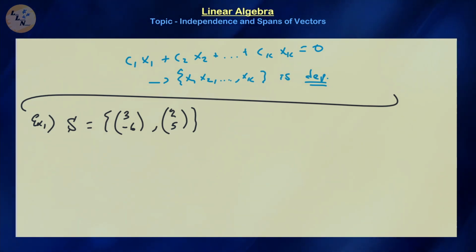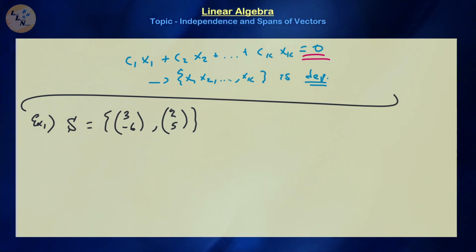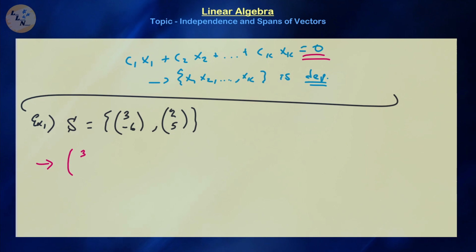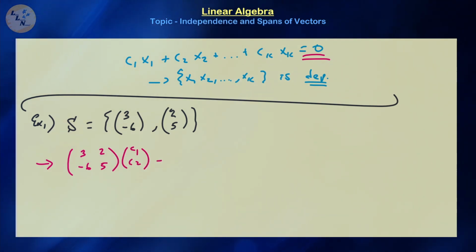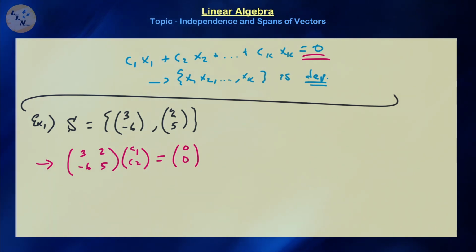Let's look at the matrix representation if we were to try and find a linear combination to set it equal to 0. So does this matrix equation, 3, 2, minus 6, 5, times c1, c2 is equal to 0, 0, have a solution other than 0, 0 for the c's?